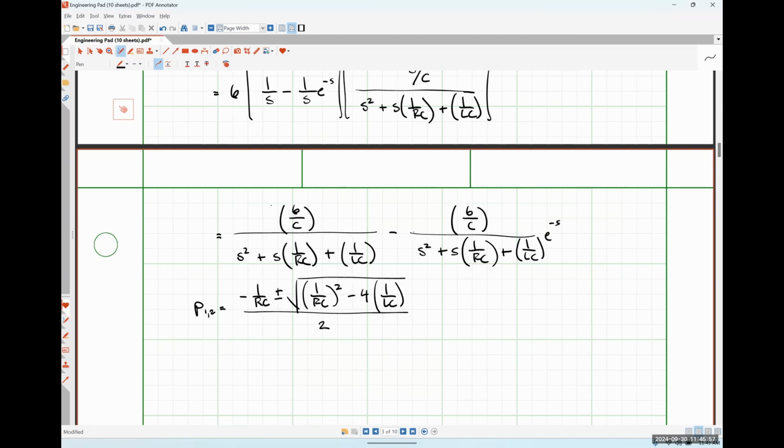So if I put this in my calculator, I have negative 1 over R was 125, C was 0.004, plus the square root of 1 over 125 times 0.004 squared minus 4 over, let's see, L was 0.1 times 0.004.